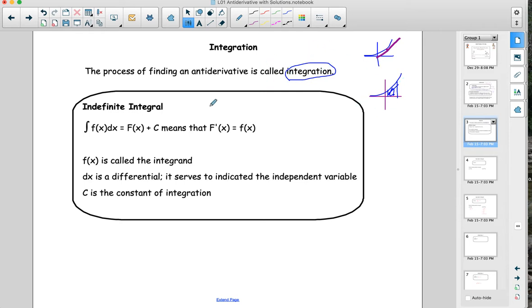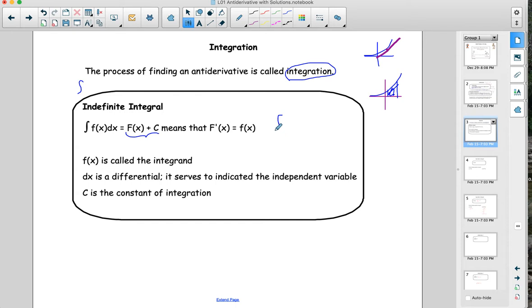It's known as integration. And we use this symbol, the integral symbol, which is almost like an elongated S. It's really an S because it's a summation, but we won't see that till a bit later on. So the integral of f(x) dx is equal to capital F(x) plus c. We've just discovered, of course, that F'(x) must be equal to f(x).